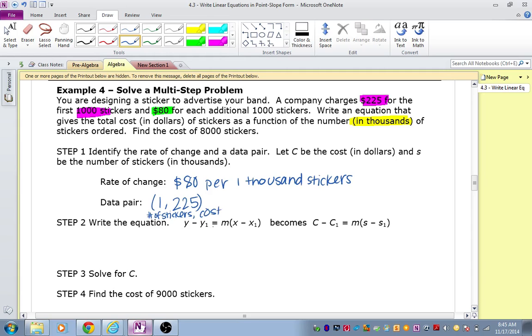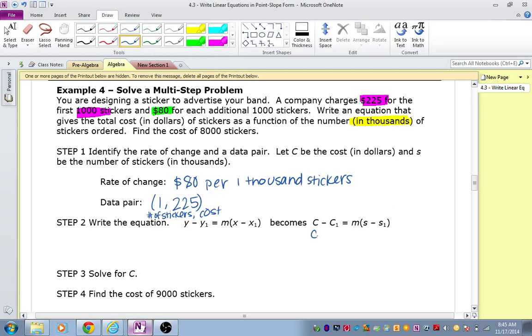So we're going to write our equation. Y minus y1 equals m times x minus x1 is going to change a little bit because we're talking about a word problem and we don't have x and y anymore. But C is that total cost, which is that dependent variable, so that's going to be like our y's. So we're going to say C minus C1 equals the slope times, instead of x's, S minus S1 for the stickers.